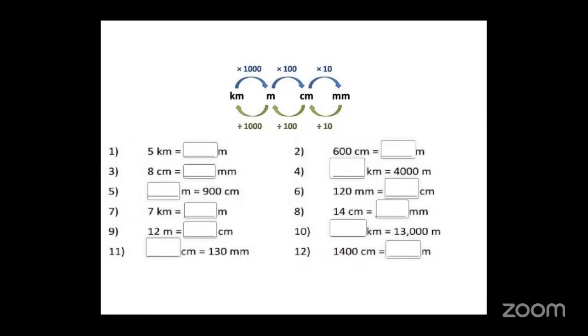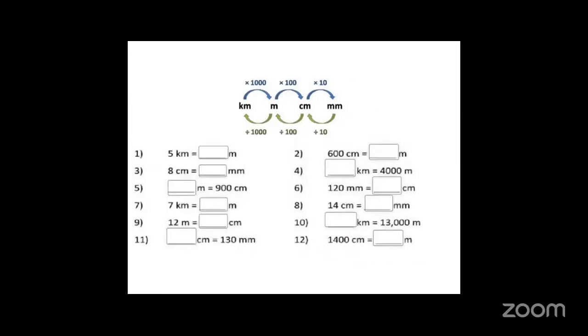Look at the diagram here, the one at the upper part. If I'm to convert from kilometer to meter, it means that I will multiply by 1,000.